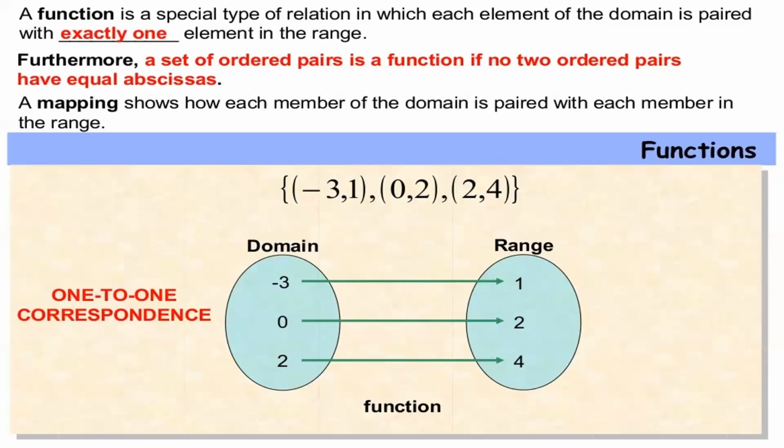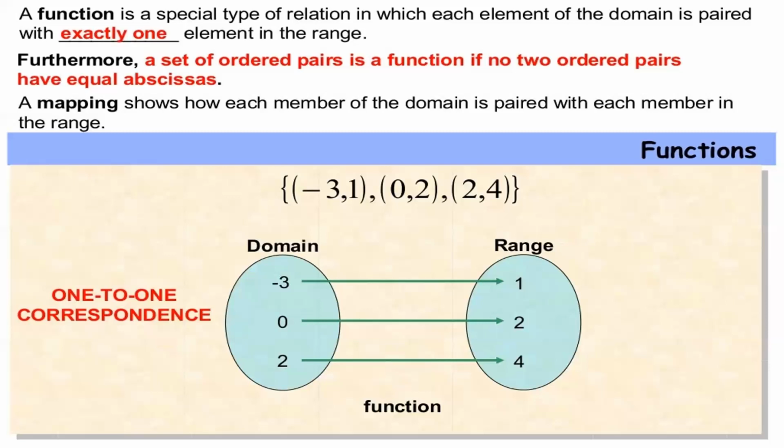Okay, so we have an example. This is the ordered pairs given. We have the domain, or the value of x: -3, 0, and 2. And the range, which is the y, are 1, 2, and 4.